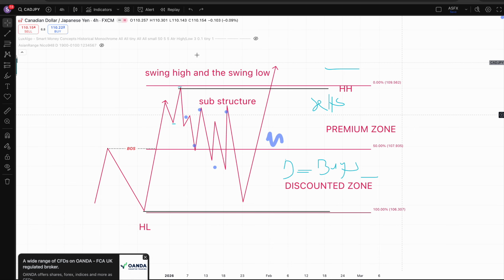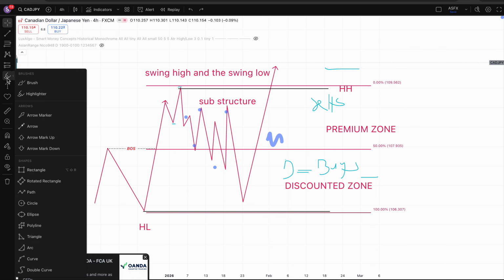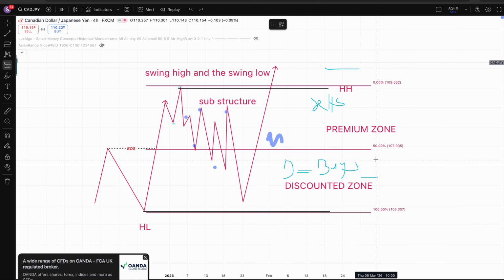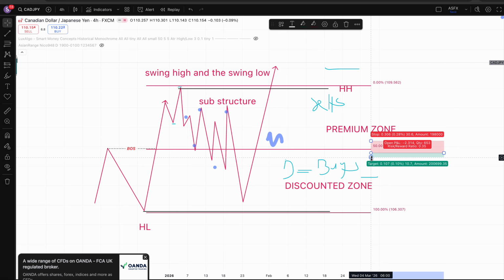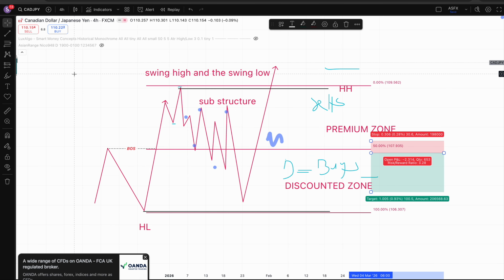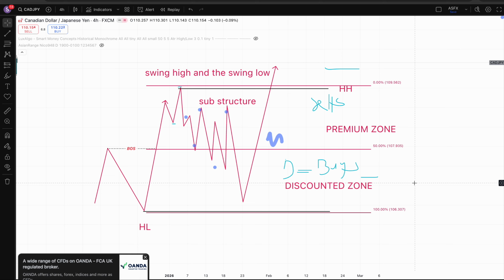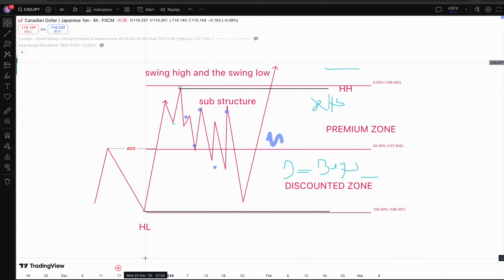And same thing, you don't want to be selling here when the market is still in discounted zone. You are going to get nuked. The market has to come to the premium zone before selling off. So I'm just illustrating to you guys how I trade. It's as simple as that, guys.